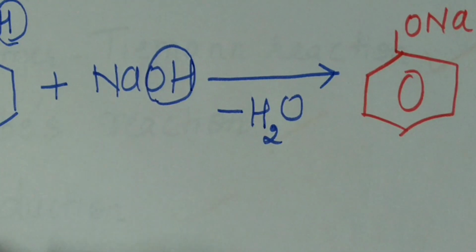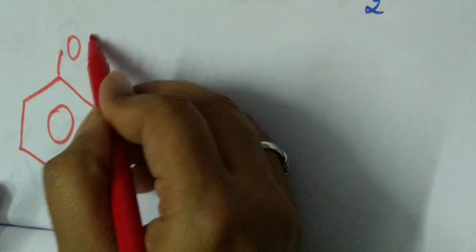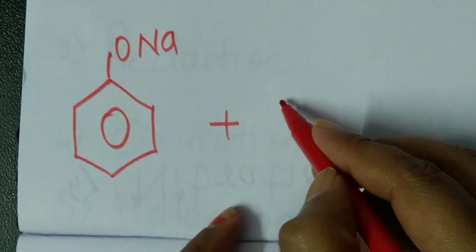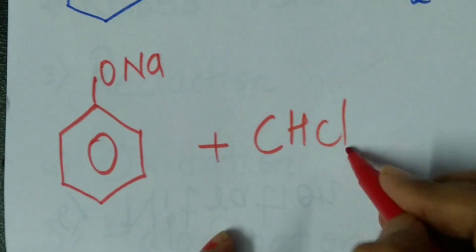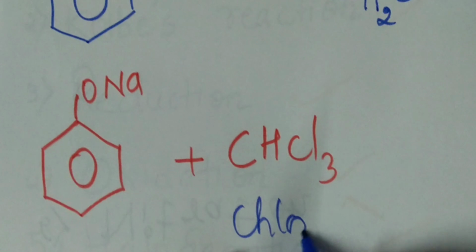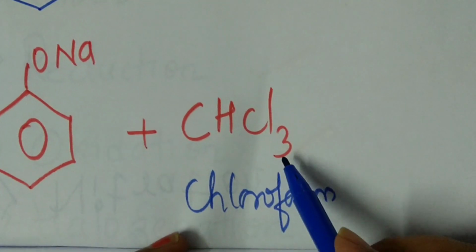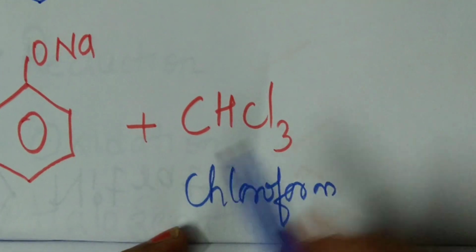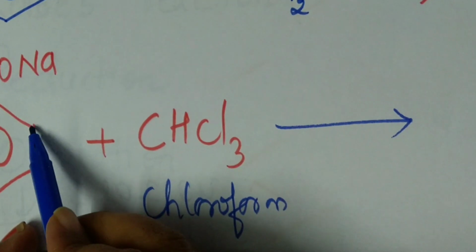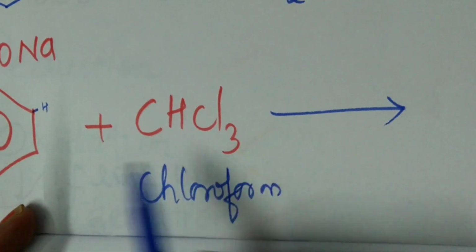This molecule, sodium phenate, I am going to react it with CHCl3. What is CHCl3? It is chloroform, or what is its IUPAC name? Trichloromethane. This trichloromethane reacts with H, which is present here. So which kind of reaction? Substitution reaction.